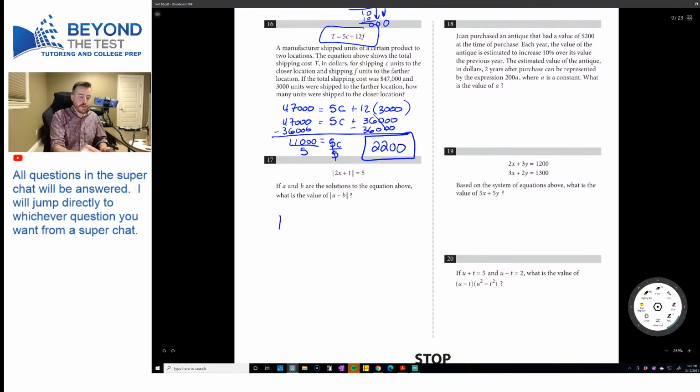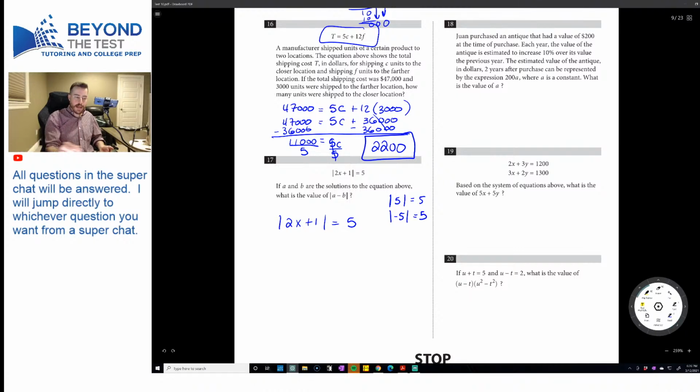So if I'm trying to solve the absolute value of 2x plus 1 is equal to 5, well, the only way I can end up with 5 is if inside the absolute value I have 5, or inside the absolute value I have negative 5, because then that would also equal 5.